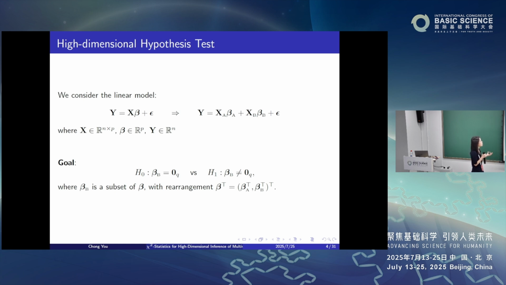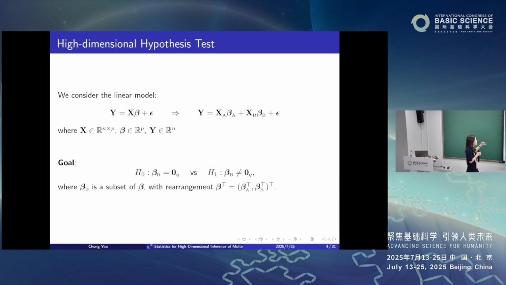Our goal is to test whether a subset of X has zero contribution to y. We denote the subset of X as XB, our target covariates, and the remaining are called XA, the confounder covariates.